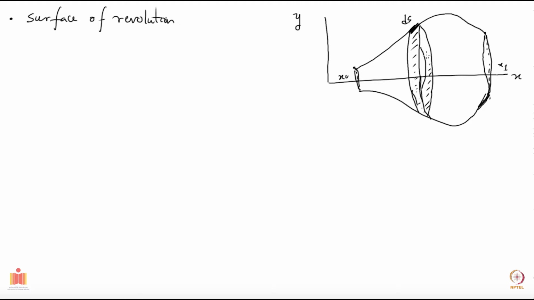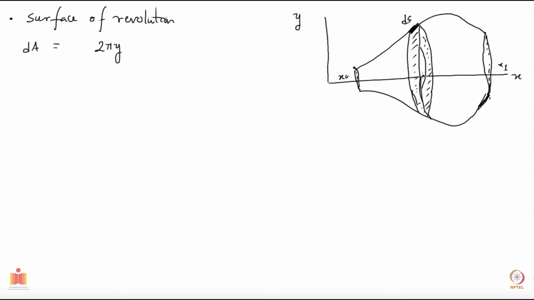Okay, which is, if you look from here, this ds is located a distance y away from this line. So if you look at the dA, it will be 2 pi y.